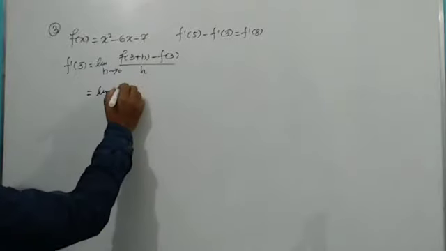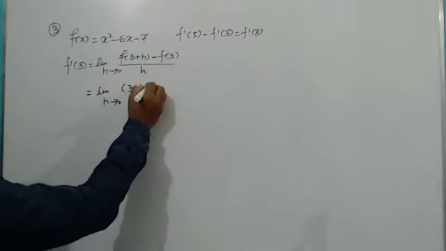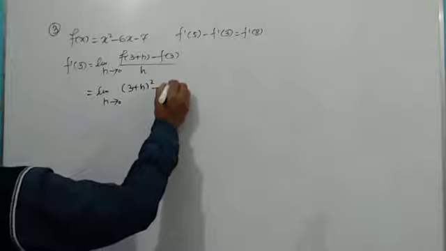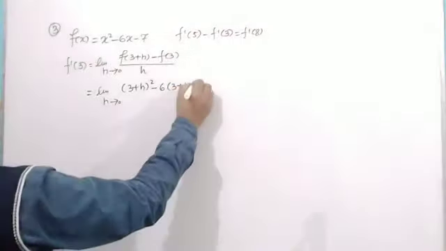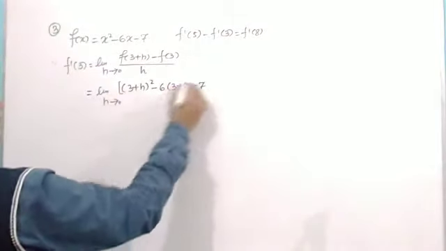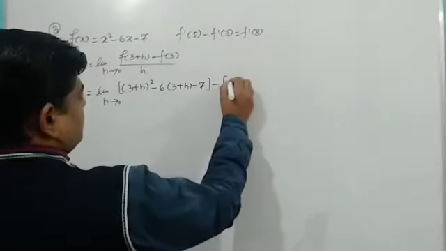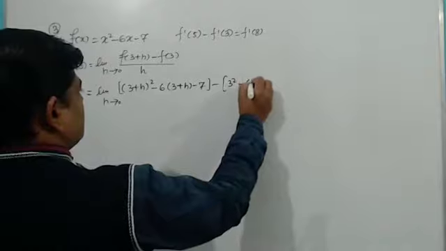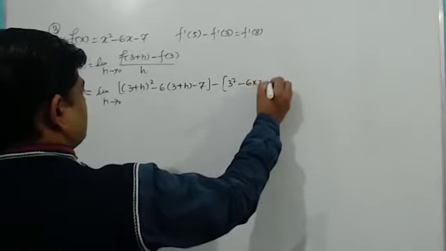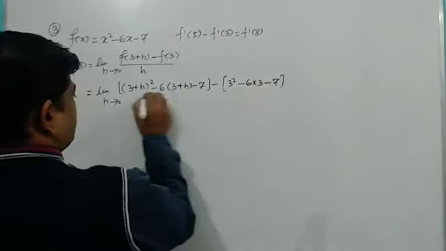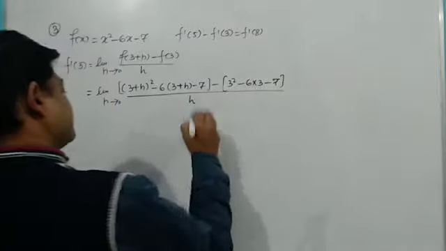In place of x, I'll put (3+h)² − 6(3+h) − 7, minus [3² − 6·3 − 7], whole upon h.